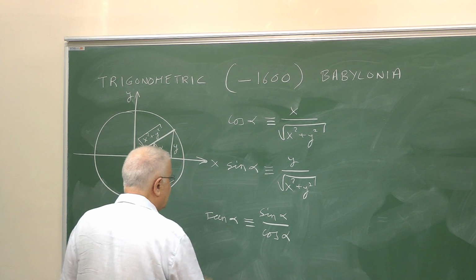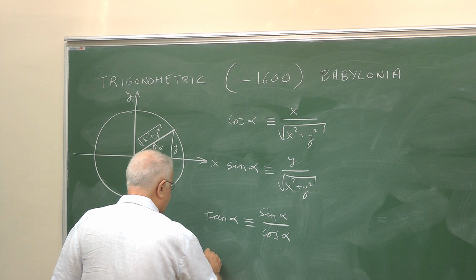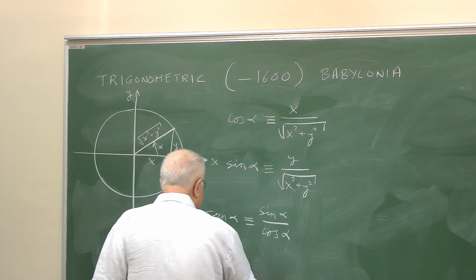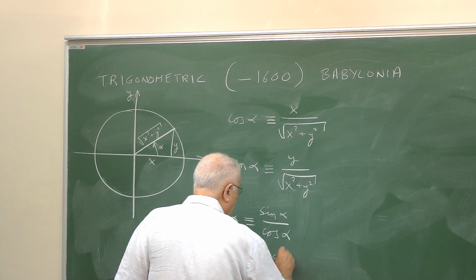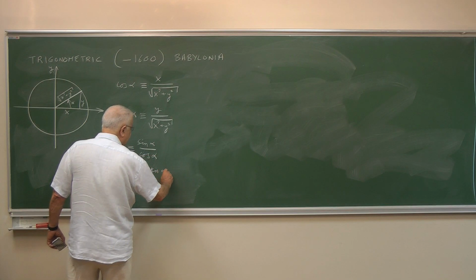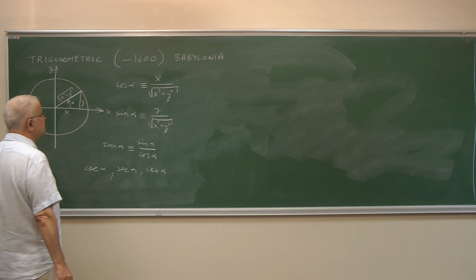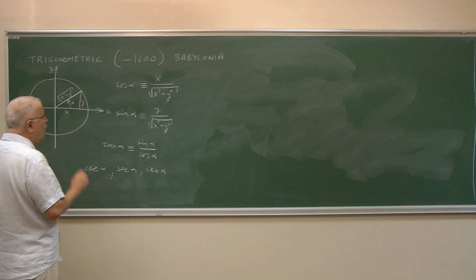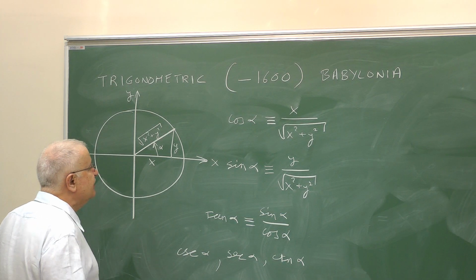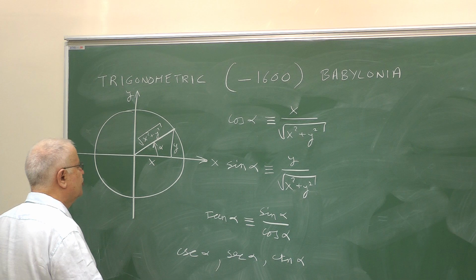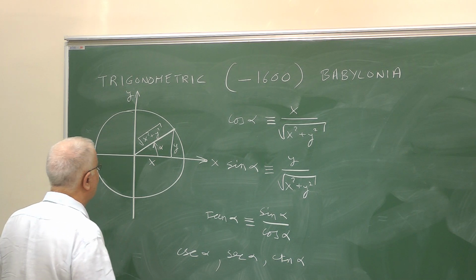There is also cosecant, which is 1 over sine. There is secant, which is 1 over cosine, and cotangent, which is 1 over tangent. That's all the 6. Now, one important thing about this is related to a concept which we call parity in physics.